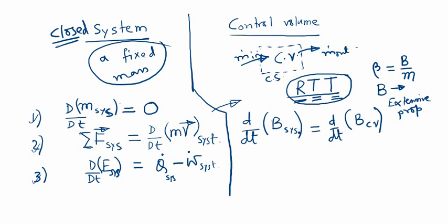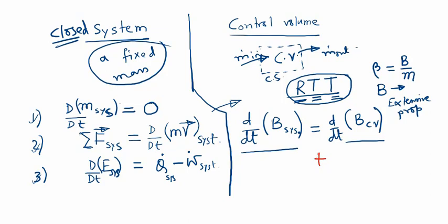Basically, I want to find this relationship: change of that property with respect to time in case of a system, and in case of a control volume. They are not equal actually, so they are equated with some added term, and that additional term is basically how much property is coming into the control volume with the mass and how much property is going out of the control volume with the mass.